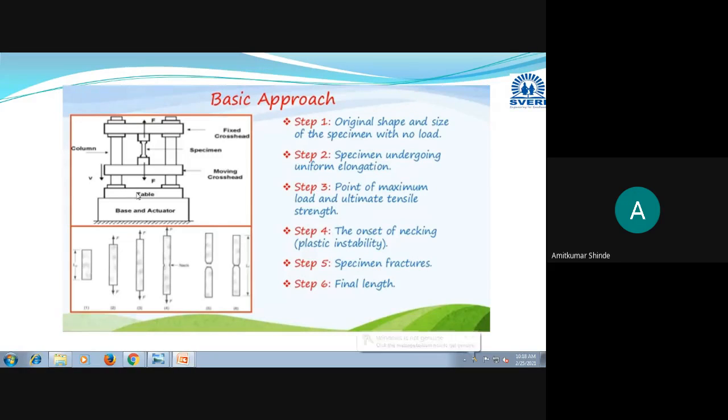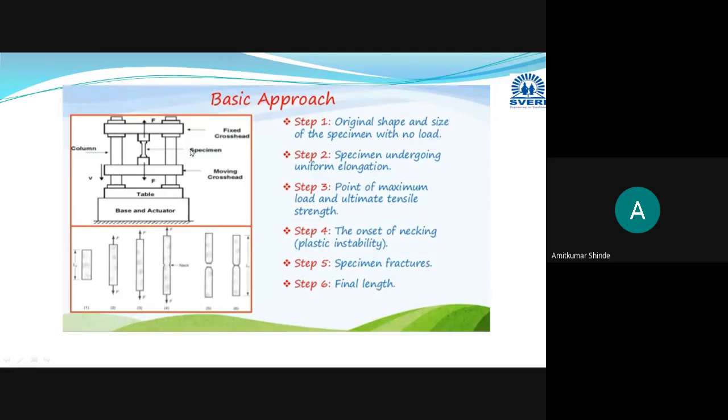Now in the second stage, you are going to fix that specimen here. I am not going into brief detail related to the constructional details of that equipment, as you are all aware of it. Here we are going to fix our specimen.